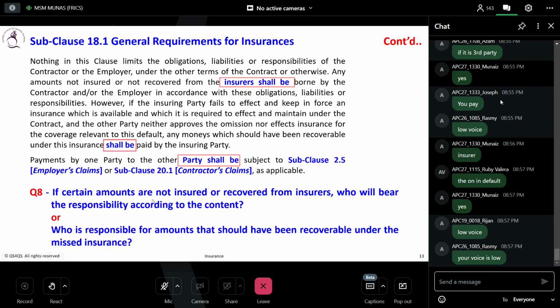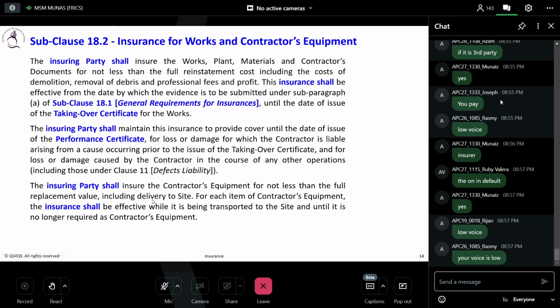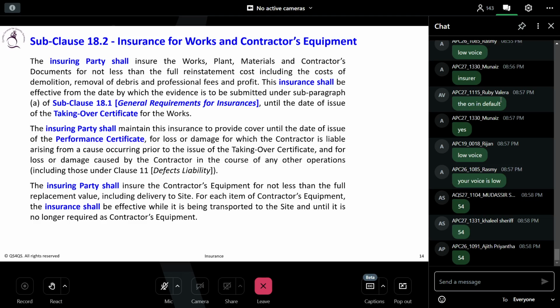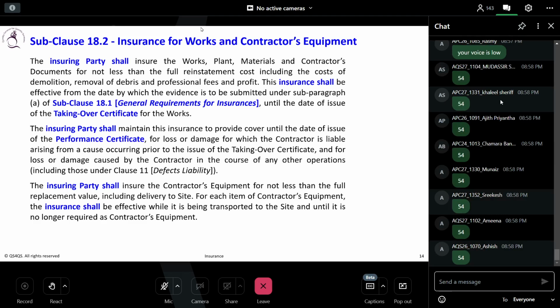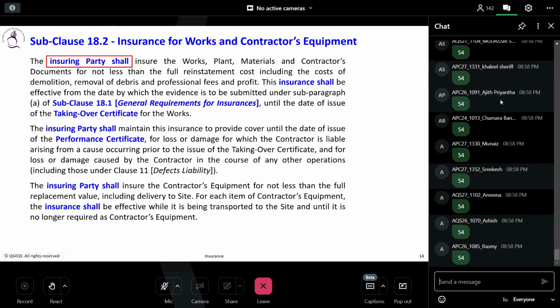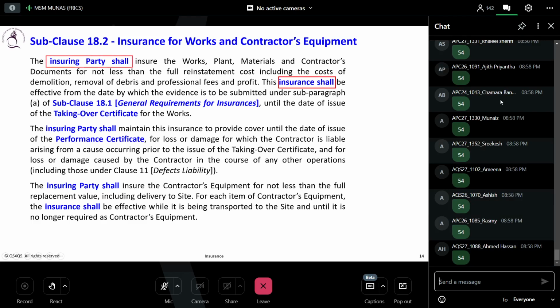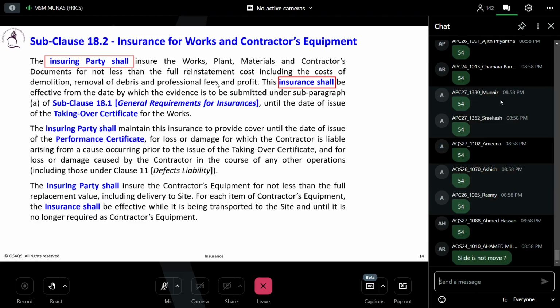So here, 18.2, what is the page number? 54. Okay, all of you go there. The insuring party shall insure the works, plant, materials, and contractor's documents for not less than the full reinstatement cost, including the cost of demolition, removal of debris, and professional fees and profit.